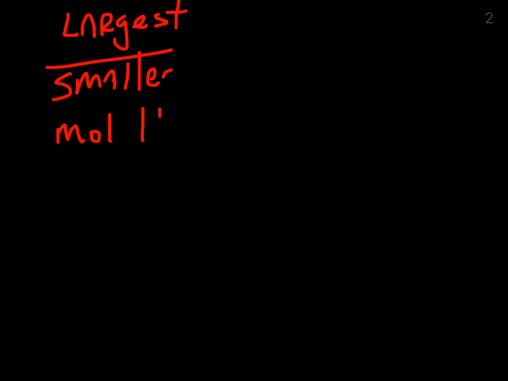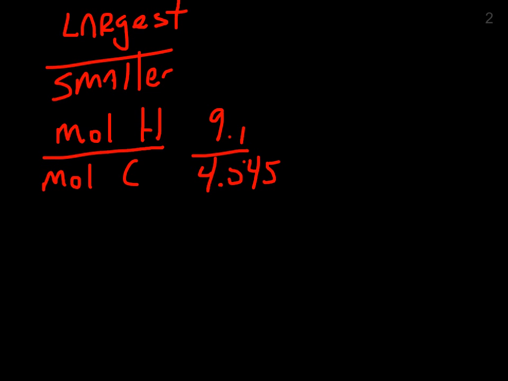So moles of hydrogen, which represented 9.1, divide that by, let's first go with the moles of carbon, because that was the second largest, so I'm going to divide by 4.545. When I do that on my calculator, I end up with 2 to 1, which looks great. Those are whole numbers.